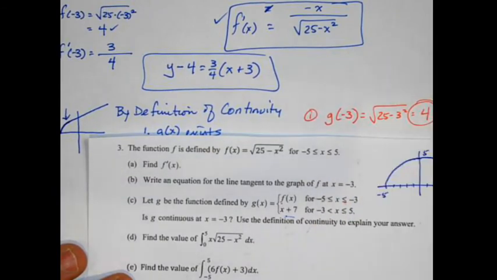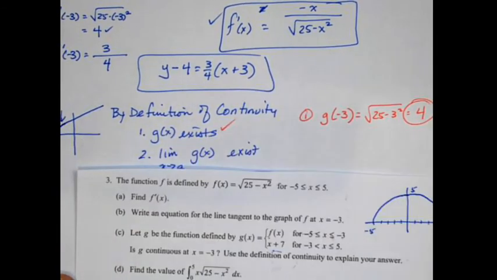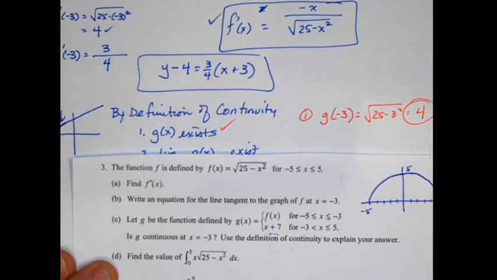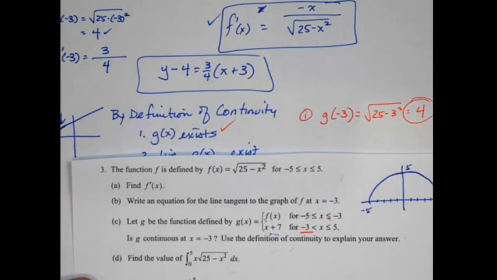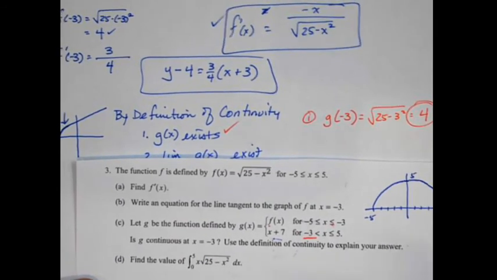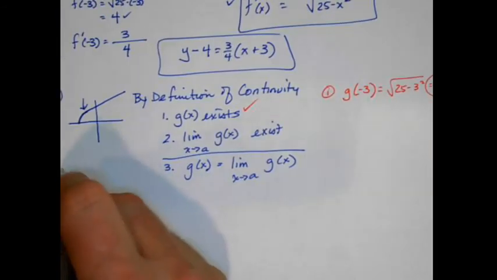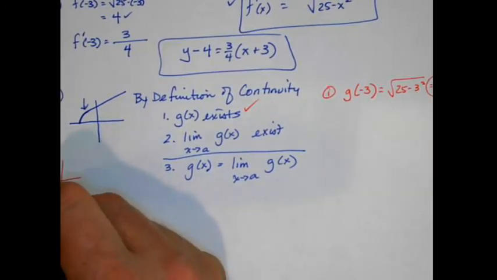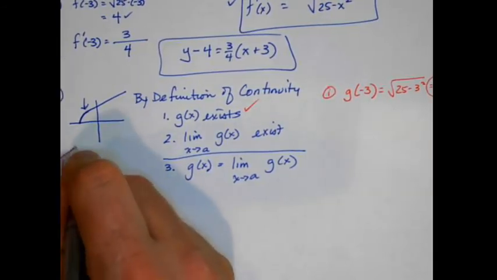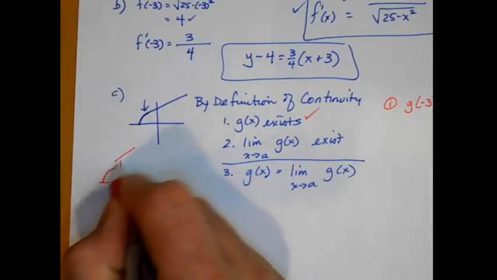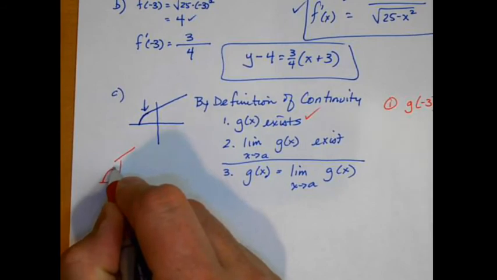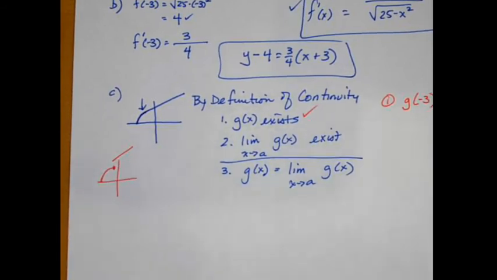Got it. Does it exist? Yes. Why don't I have to check the bottom one, Mr. Gubino? Because -3 is not included in that function. We're checking to see if it's part of that function, because sometimes you might get a graph that looks like this and then like that, and we have to see where the hole is. If we're at negative 3 and it's part of that, does it exist there?